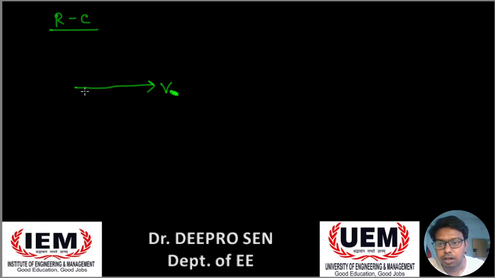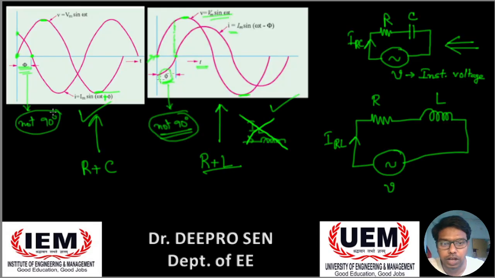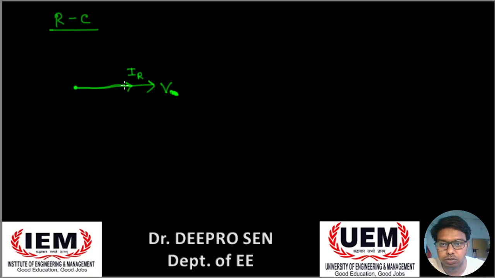Now let's get ahead with it. In the previous video I showed that in a phasor diagram where we have only a resistor, we have a current which runs in the same direction for the R load only. That means if the load were only resistive, the current due to the resistance only would be in phase with the voltage, and the resistive current would be like this.